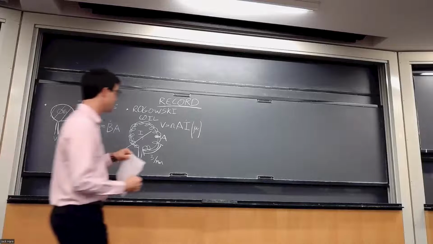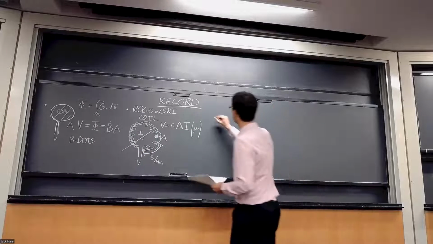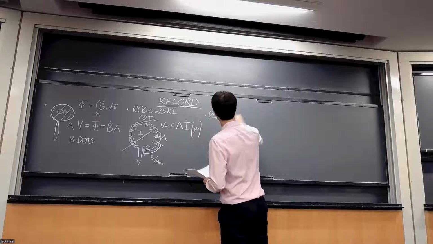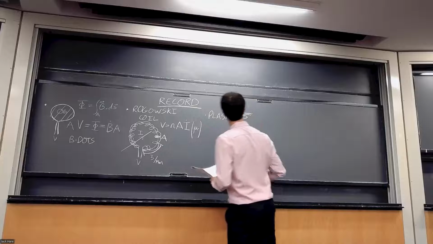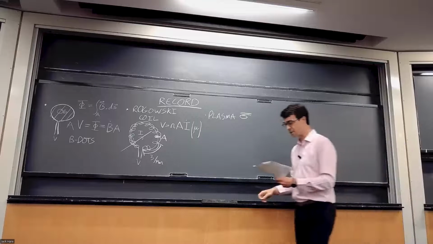So then we talked about how we could use these simple devices to measure the plasma conductivity, which we represented by this symbol sigma, and the bar here is just some sort of average conductivity.